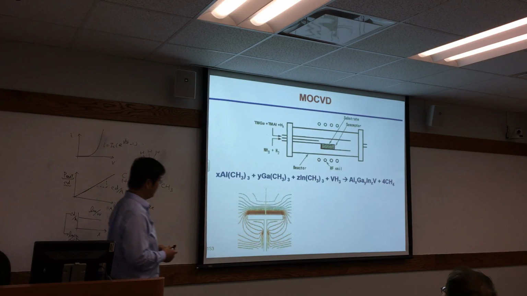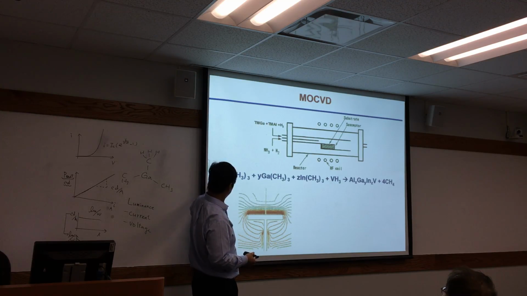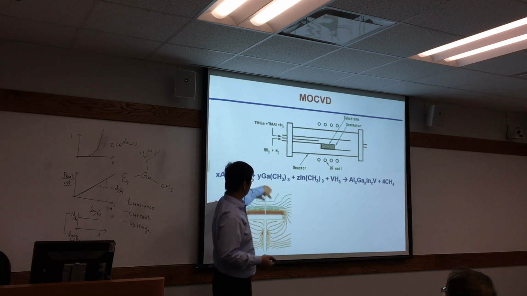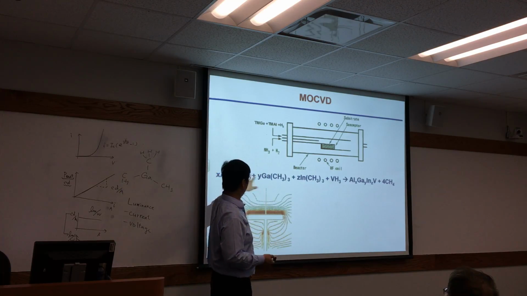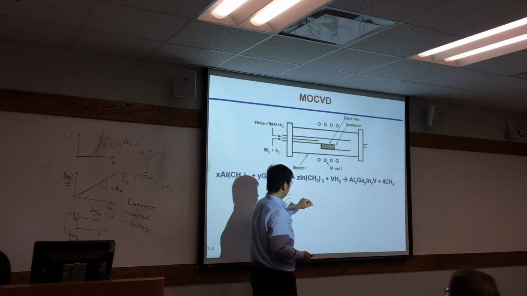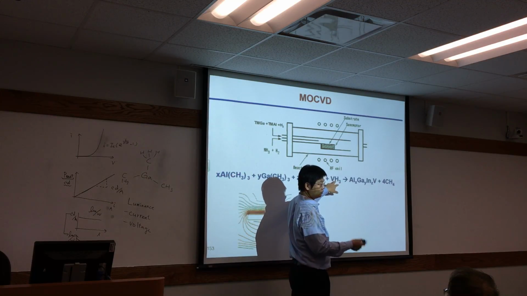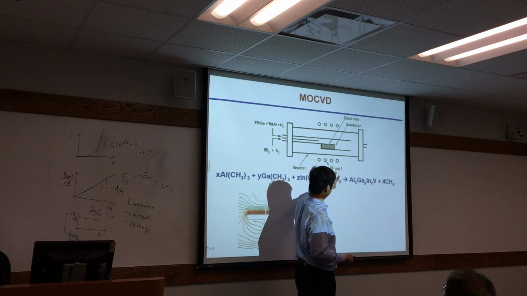So that is a very simple reaction. For example, we have the trimethyl aluminum, trimethyl gallium, trimethyl indium. So we have the group 3 like that with different composition. And V here means group 5. If that is nitrogen, that will be ammonia.